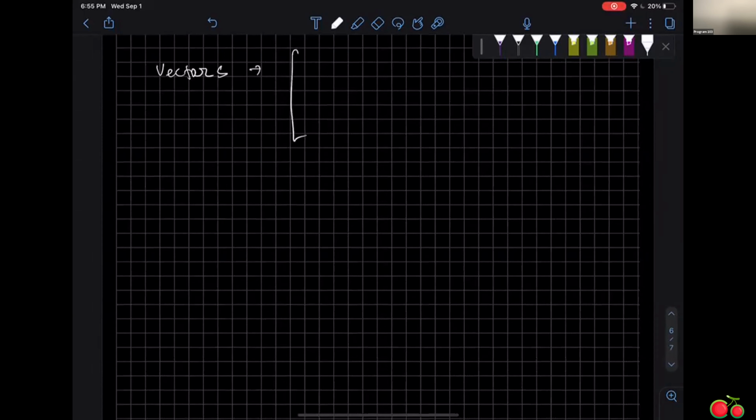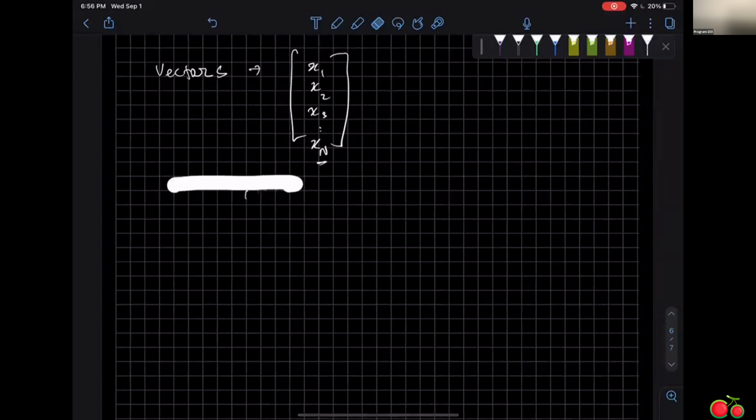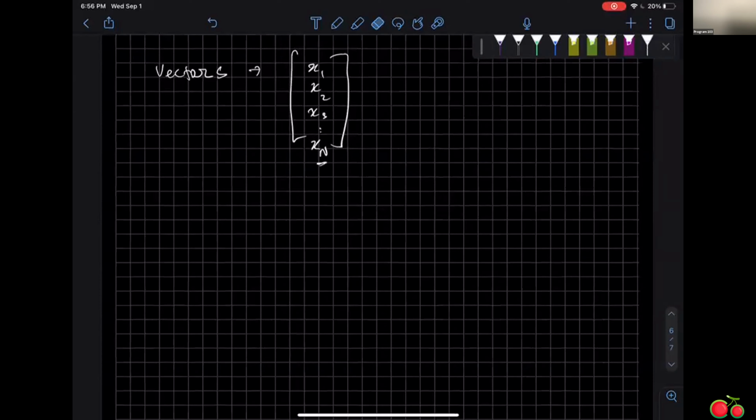We looked at single rows or columns of data. If you took a row of data, you have x1, x2, x3, all the way till xn. n can be any number, 100, 1,000, it doesn't matter. So we just denote it as xn.